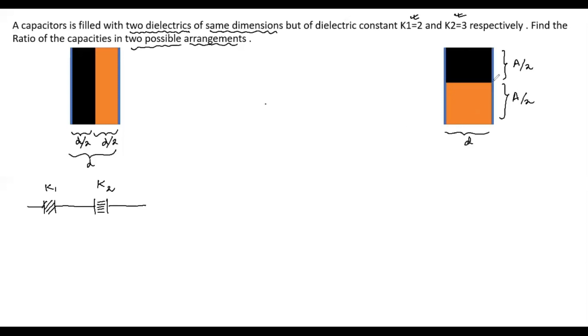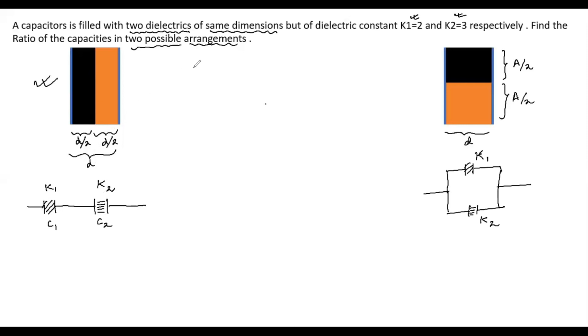And for this case, this capacitor will behave as a parallel combination of two capacitors, where one of them will have a dielectric constant K1 and the other will have a dielectric constant K2. This is how we are going to solve this. So separately we will be finding out the C1 and C2, and we are going to use the series formula and we are going to find out the equivalent capacitance for this capacitor.